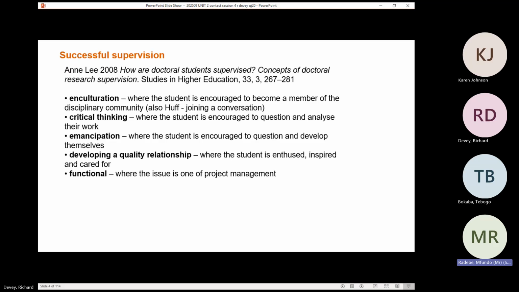It was the framework, in a table format, where we had to discuss the functionality, enculturation, critical thinking, emancipation, and developing a quality relationship. I think it was basically about us as supervisors and our supervisees as well. It speaks both to us as supervisors and supervisees.